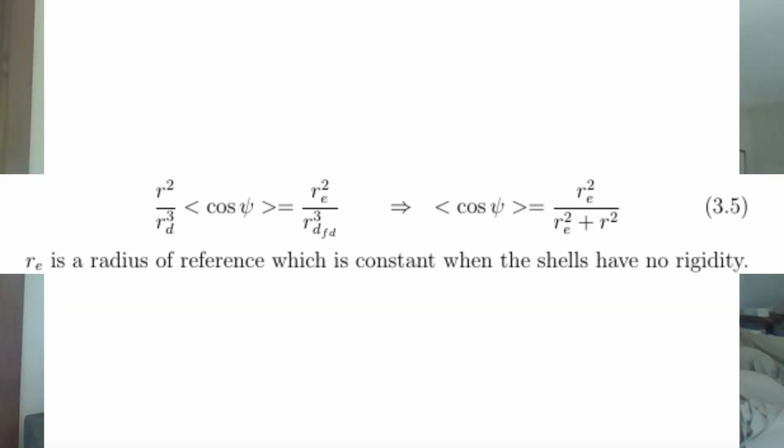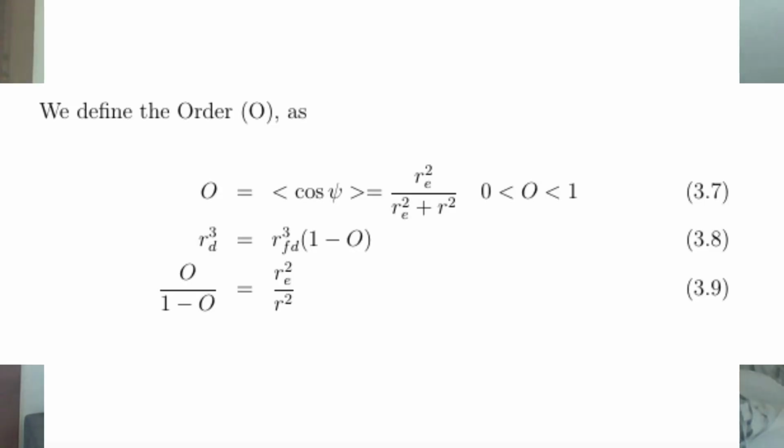You can go a further step, and we will introduce a new parameter which we call order, and the order is just the mean value of the cosinus psi. We define this as O for order, and this is much simpler to express in the formulas, just to simplify things.